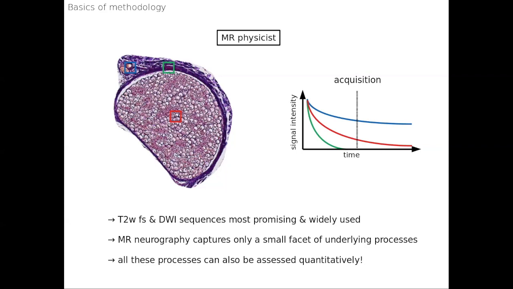So the sequence types mostly used to look at the peripheral nerves are T2 weighted and fat suppressed images, and also diffusion weighted images because of the aspects I just mentioned before. And to remember that the imaging captures only a small facet of the underlying process.